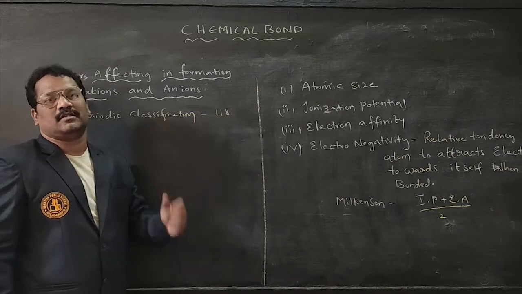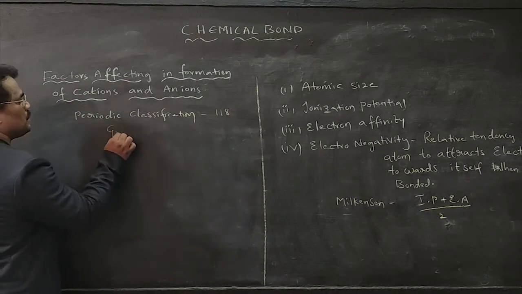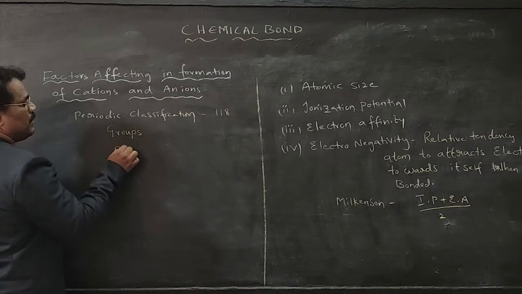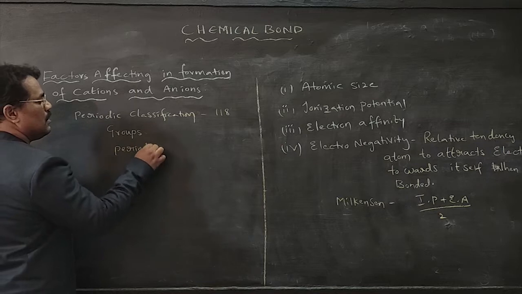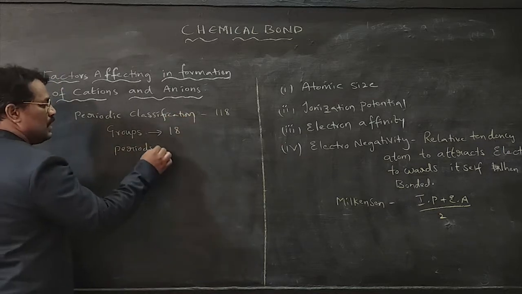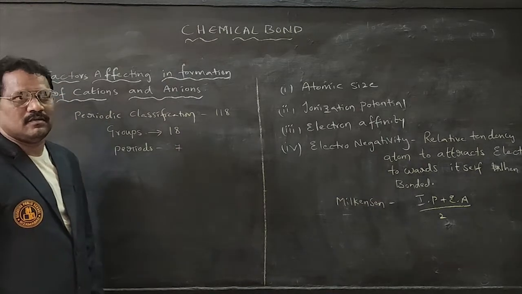These 118 elements have been arranged in the form of groups as well as periods. If you go for groups, we have 18 groups. If you go for periods, we have 7 periods.